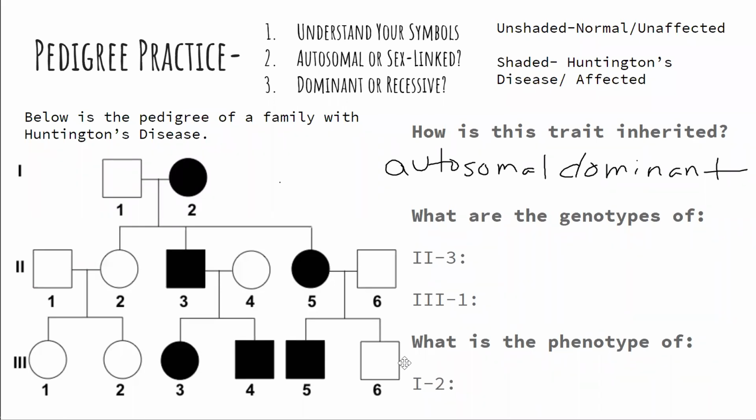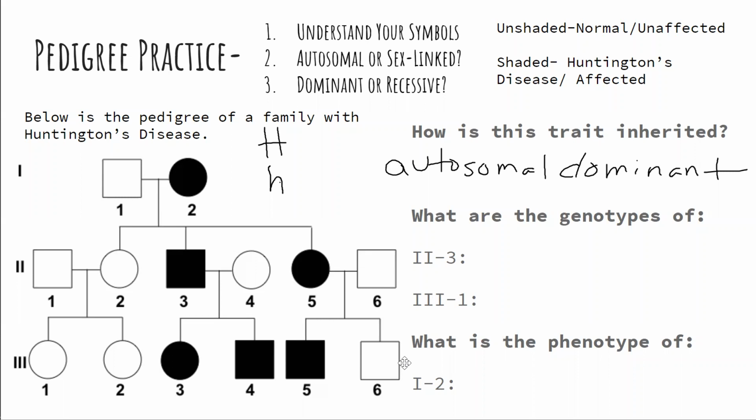So the next thing that we've got to do is determine some of the genotypes. So how do we do that? For this, we can just pick a letter. Let's pick the letter H. And if we pick the letter H, then we can determine what traits are coded for by these alleles. So it says it's an autosomal dominant.